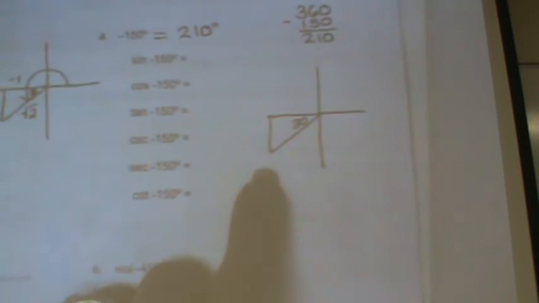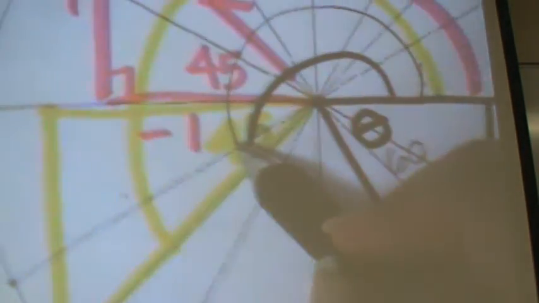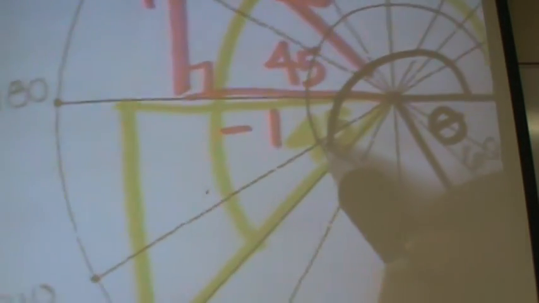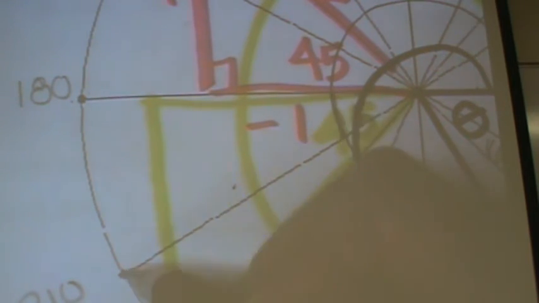So can you name these sides right here? From here to here is 210. So that makes a 30-degree angle with the x-axis. So this is a 30-degree angle from here to here.